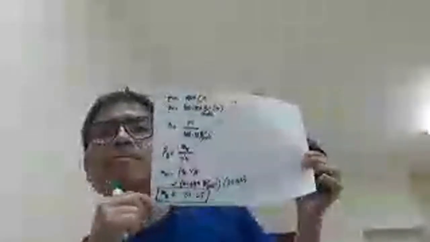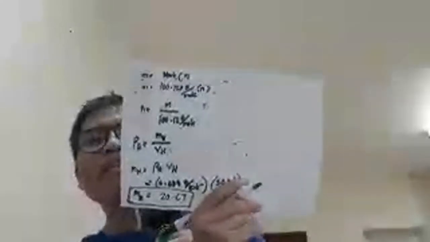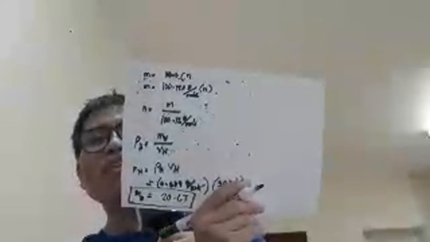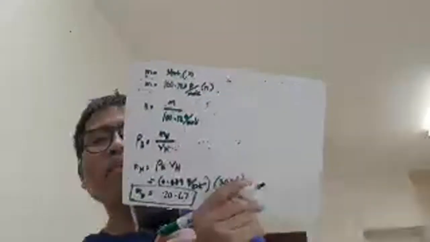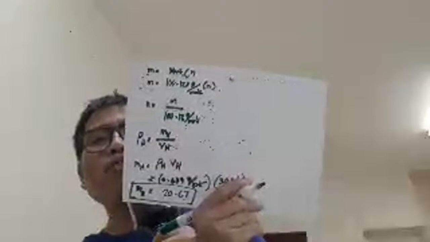Since we don't know the molar mass, we can obtain that through the density equation. So the density of heptane is equal to the mass of heptane over the volume of heptane.